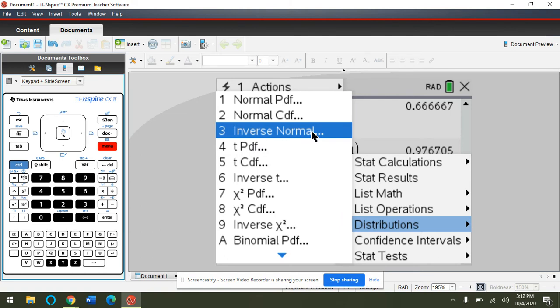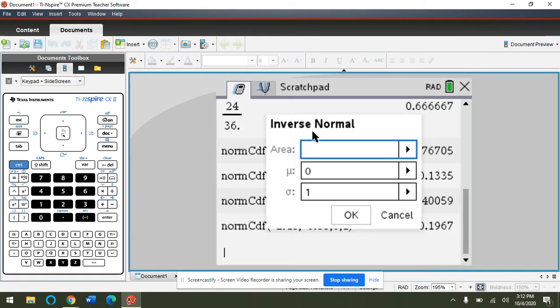We're inverting our process. So since we're inverting our process, inverse normal, this is going to ask you, what's the area? This area always stands for negative infinity up to the line. So the problem we just had, negative infinity up to the line, the area was 0.8000. You can include the zeros, but you don't need to.